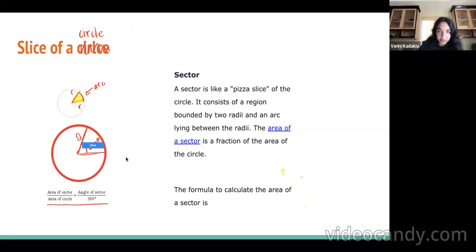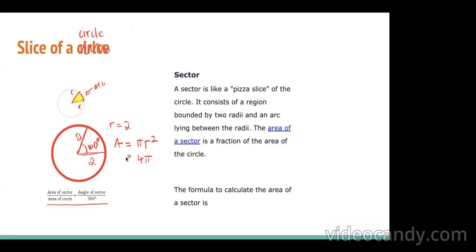Let's say our radius is 2. So that means our sector would look something like this. To find the area of the sector, you're going to find the area of the entire circle. The area of our entire circle would be pi r squared, or in this case, 4 pi.